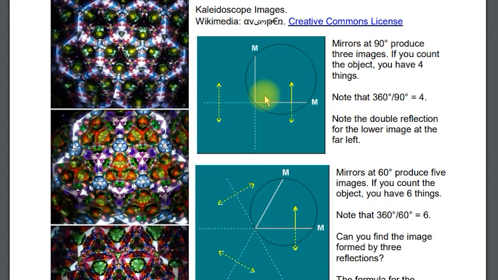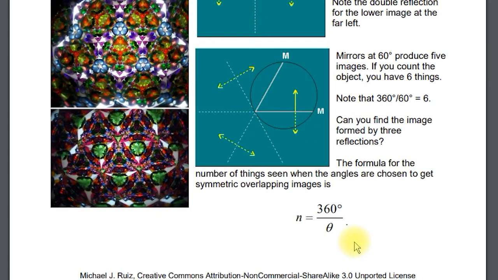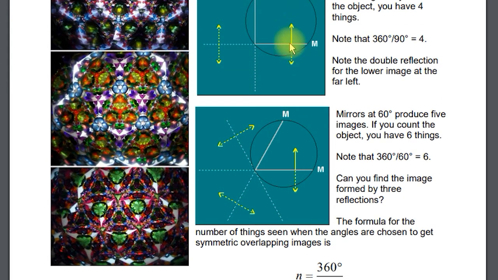The kaleidoscope's good also. Here is your formula, where this is how many things you see. One of the things is actually the object, and then there are these images. So you want to know your way around here. You have to be careful though when you have a kaleidoscope problem, because these two will be so nice it'll count as like one, and they're really two.